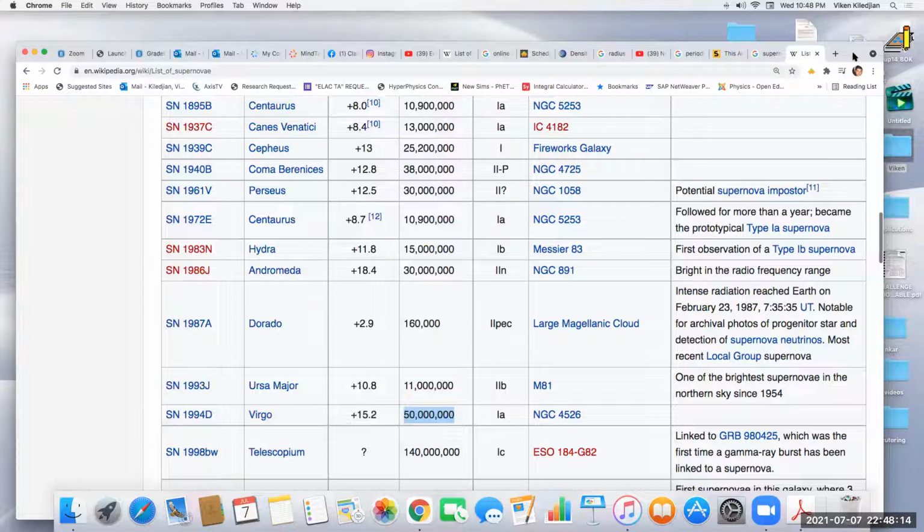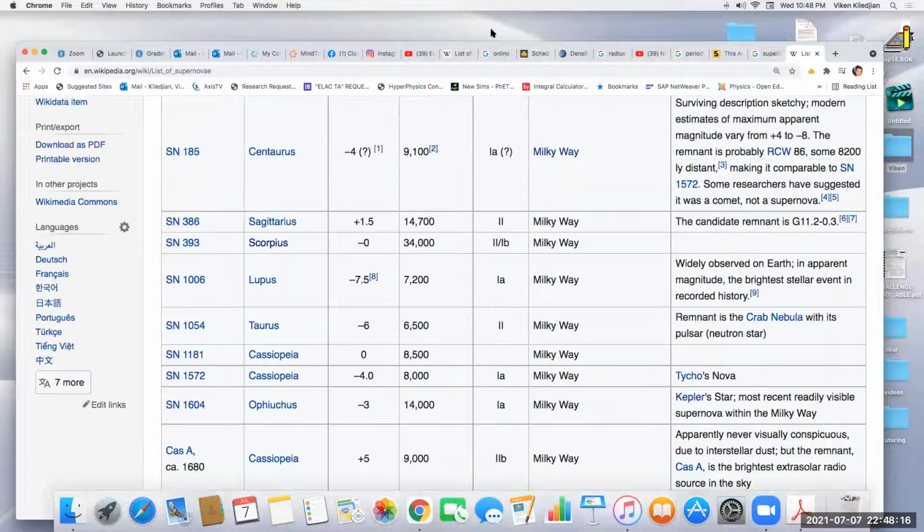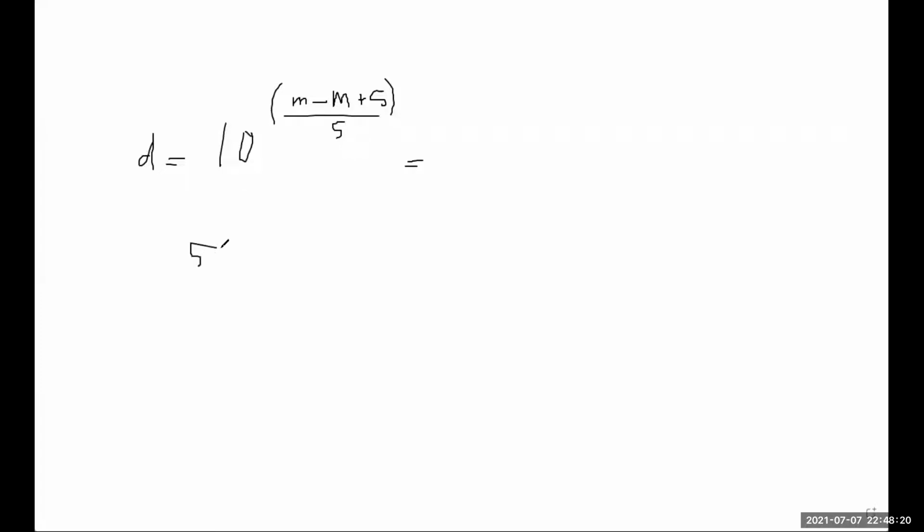how do you convert from light years to parsecs? So 50 million light years. Then I can say 3.26 light years is 1 parsec.